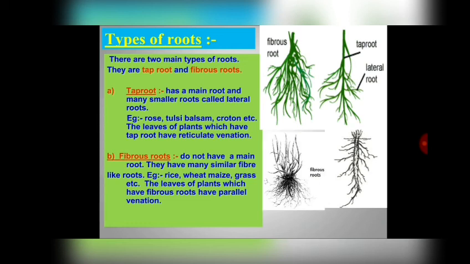You can see in this picture, so many small and thin roots arise from the middle, and these are called fibrous roots. Such roots can be found in rice, wheat, maize, grass, like smaller plants. And such leaves which have fibrous roots have parallel venation, meaning their veins will look parallel.